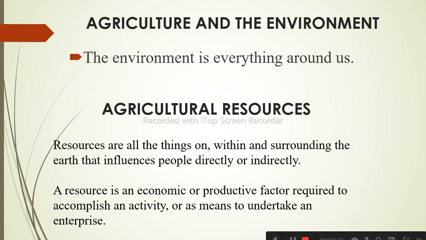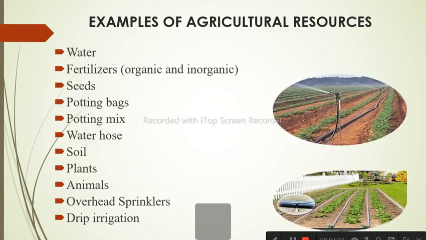So agricultural resources are all the things on, within, and surrounding the earth that influence people directly or indirectly. And so a resource is an economic or productive factor required to accomplish an activity such as growing your crop, rearing your animals, or as a means to undertake an enterprise such as a crop enterprise or livestock enterprise.